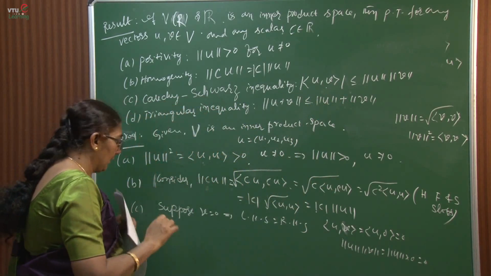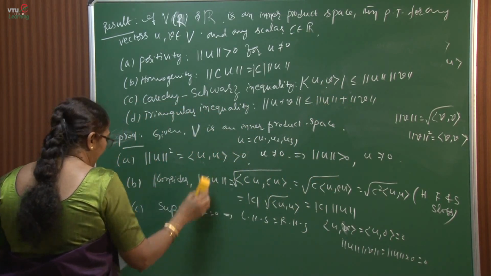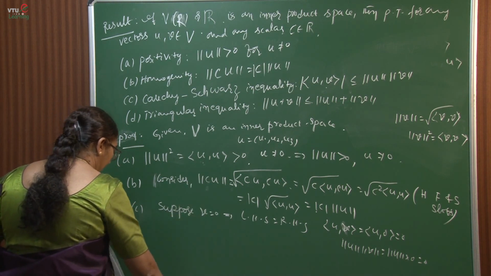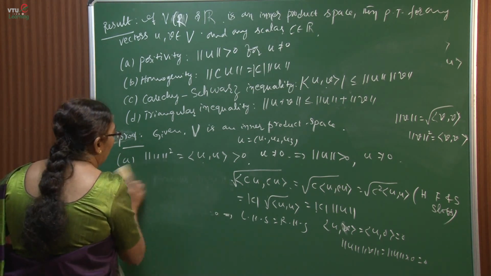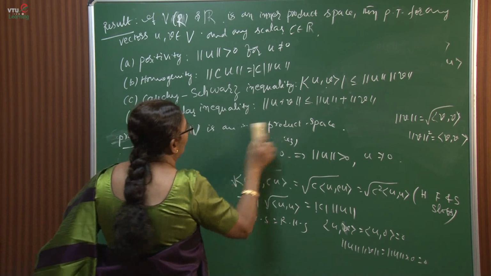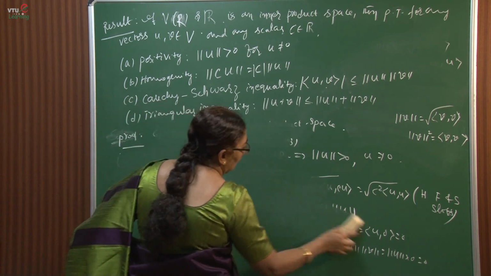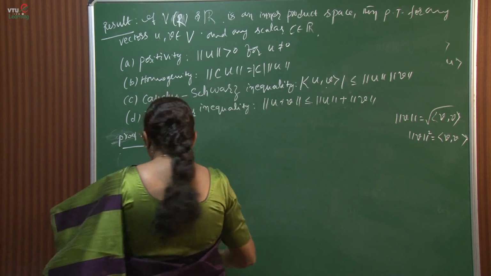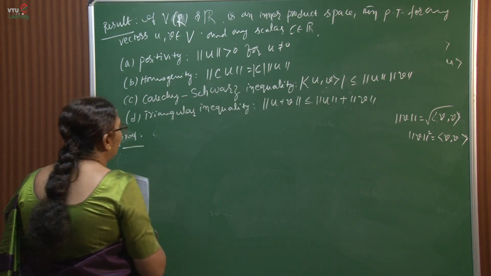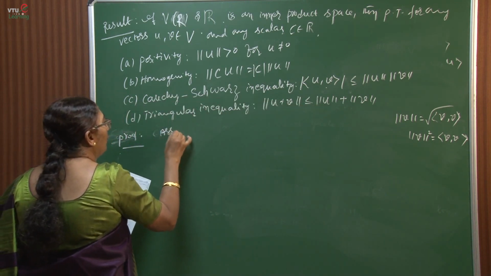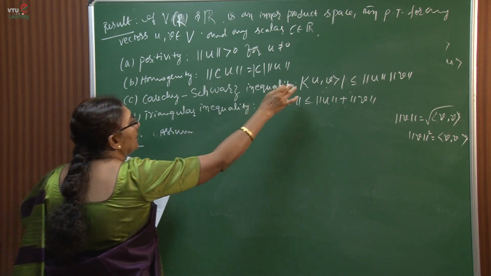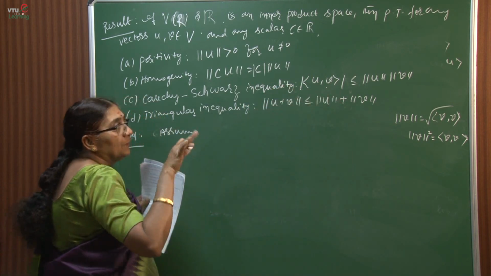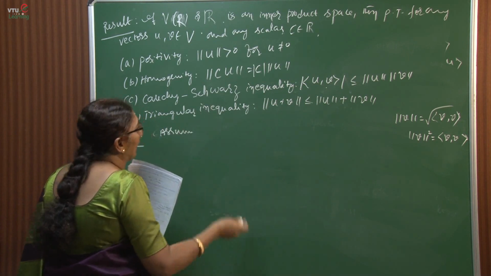Next, we move to v not equal to 0. Assume that v equal to 0 is satisfied, LHS is equal to RHS, which satisfies the equality. Next, I have to prove the strict less than.